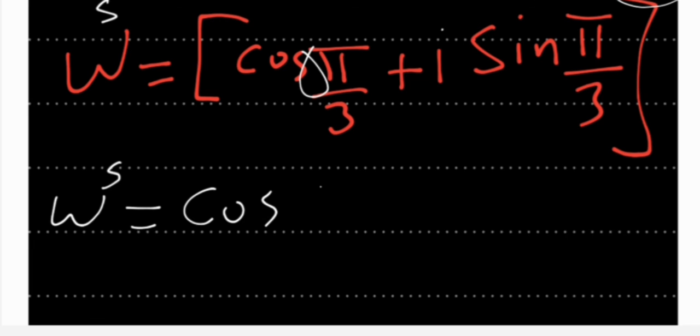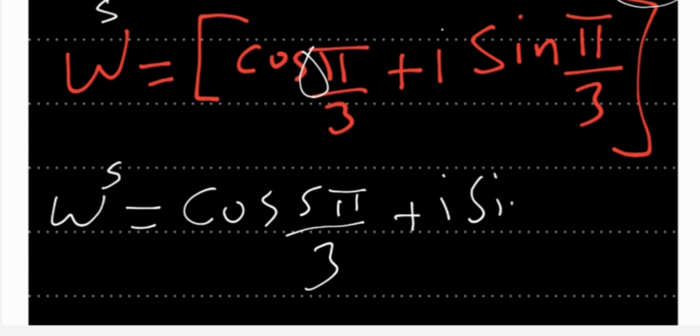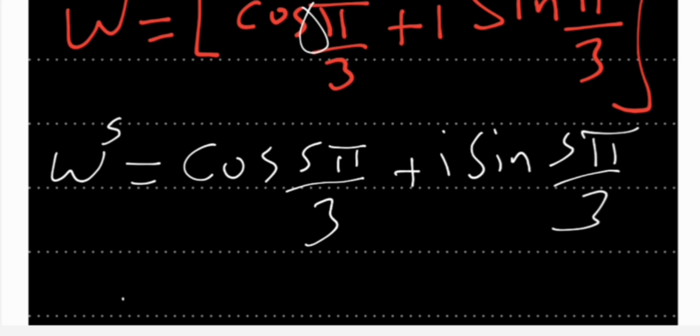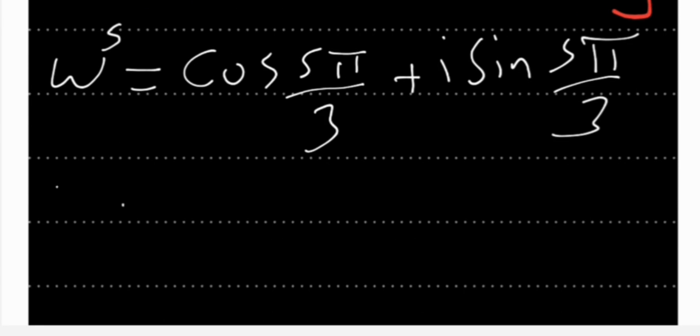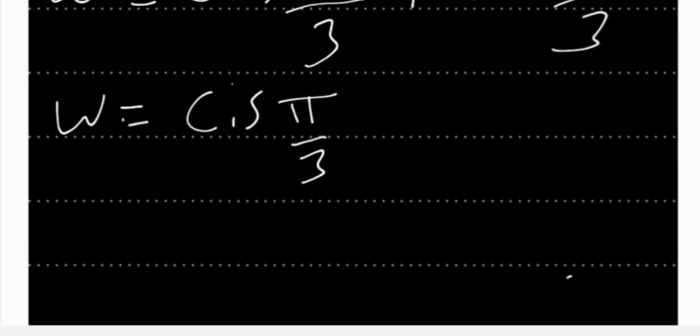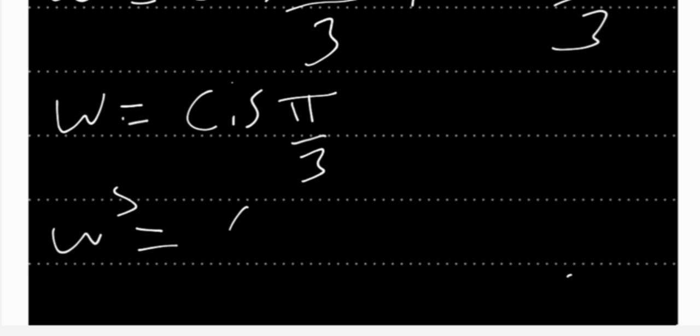So you'll have cosine of 5pi divided by 3 plus i sine of 5pi divided by 3, because it's to the 5th power. Okay, I don't remember the name of this property, but if you study complex numbers in trigonometric form, like we had W equals this with pi divided by 3, then if we want W to the 5th, we can say that it is 5pi divided by 3. So these are just some properties.